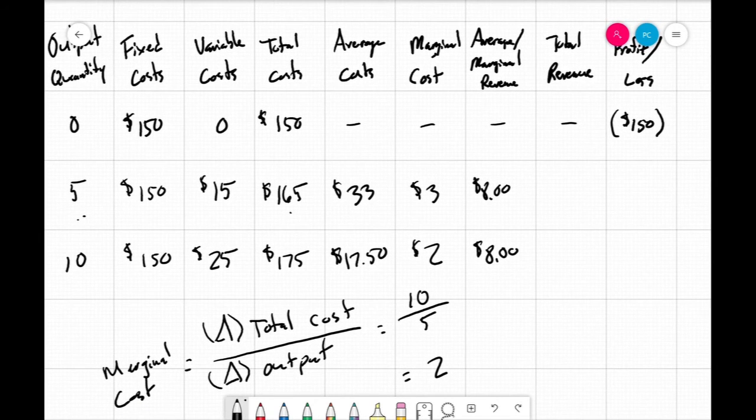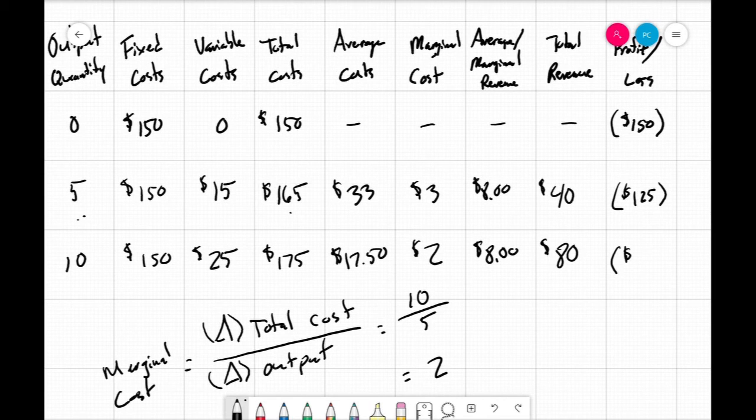Now, for revenue, you take your output and multiply it by the price, so you're going to get $40 here, and here you're going to get $80. Now your total costs are $165, and you minus off the $40 that you made. The brackets, by the way, are a negative.